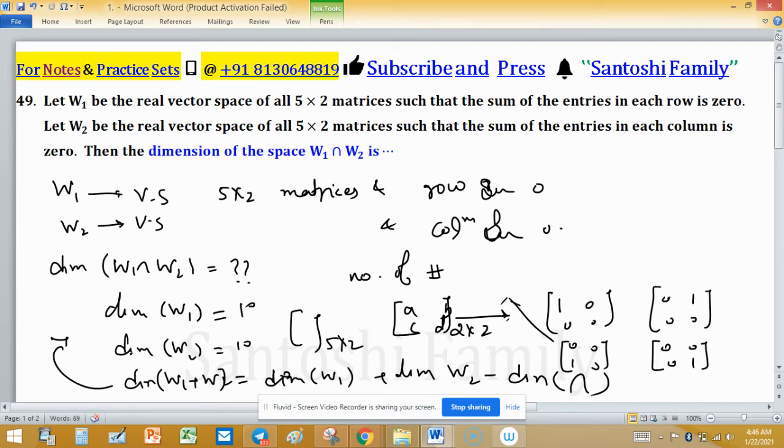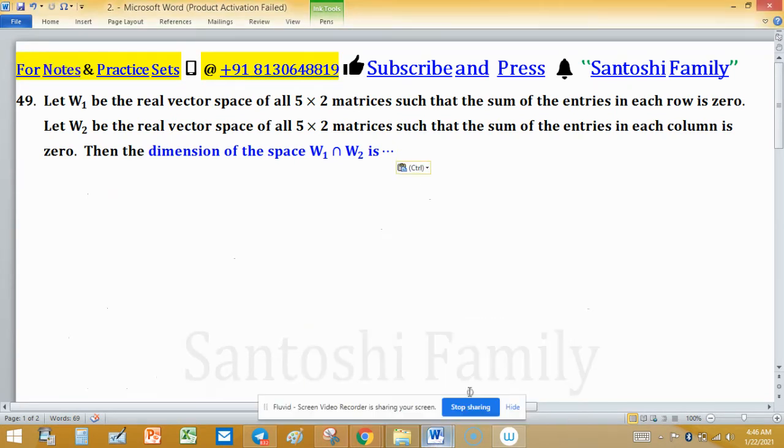The second method is to find the basis of W1 and W2 also, and find the common elements in their bases. That will give you the dimension of the intersection. So the second method is this, but I am going to use another method. Sometimes it is very convenient when a system of equations or linearly independent choices or constraints are given to us.